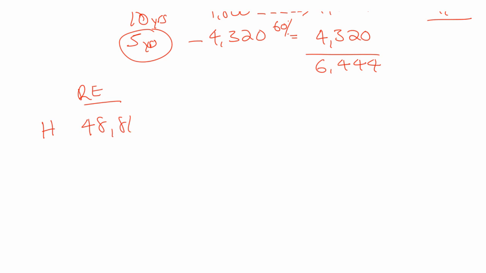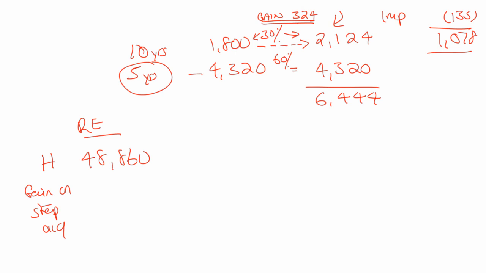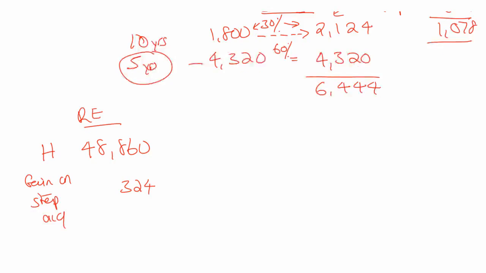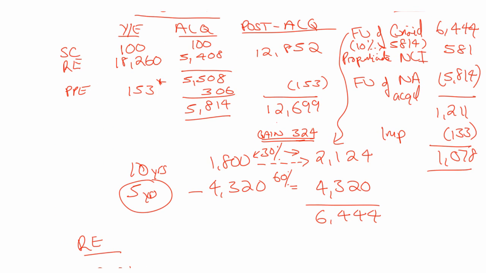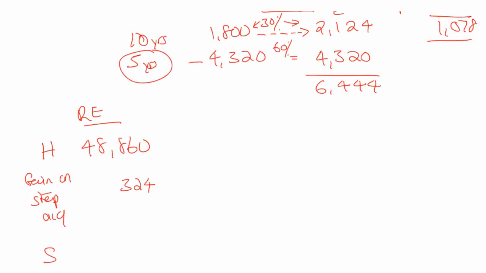Then I want to add on this gain on the step acquisition. So gain on the step acquisition of the figure I just calculated there, the 324. And then I don't want all of S, I just want my share of S post acquisition. So I need to go to my post acquisition here, 12 at 90%, isn't it? So 90% of that 12,699 will give me more or less 11,429.